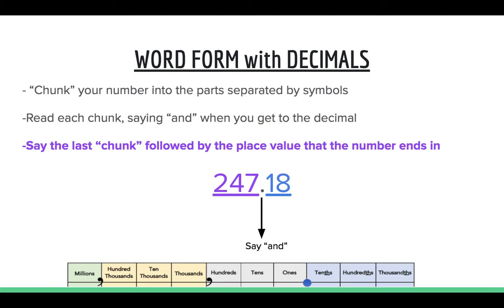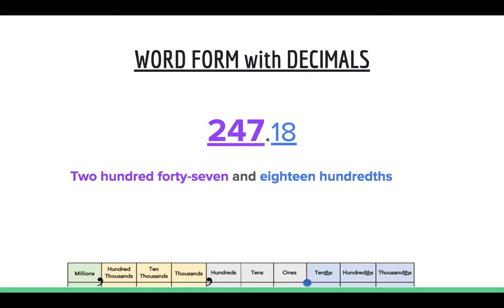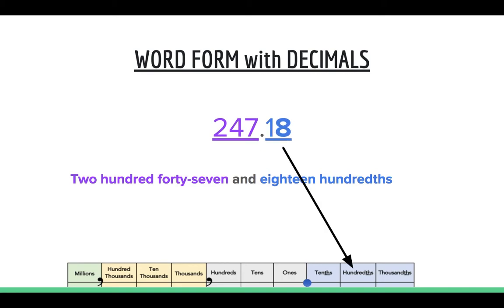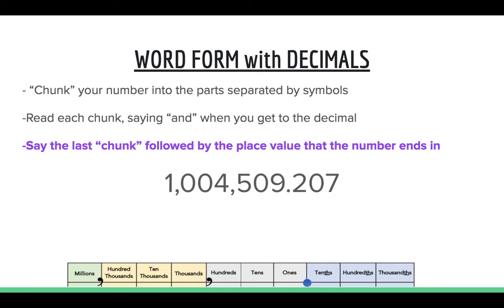Chunk our number. This number is 247 and 18 hundredths. This time we said hundredths because the number ends 2 places after the decimal, which is the hundredths place.